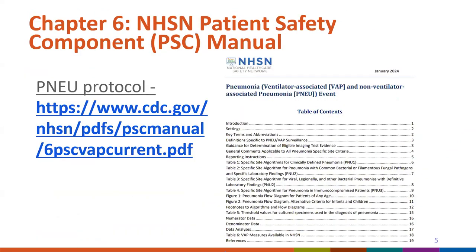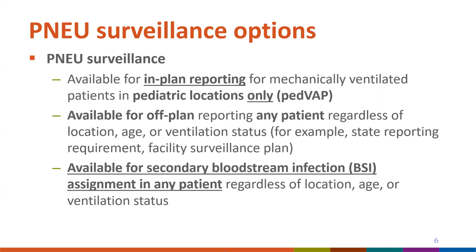The NHSN pneumonia, or new protocol, is Chapter 6 in the NHSN Patient Safety Component Manual and can be accessed from the new event webpage or directly from the link provided. You may find it helpful to refer to the new protocol during this presentation. So when and where can you conduct NHSN new surveillance?